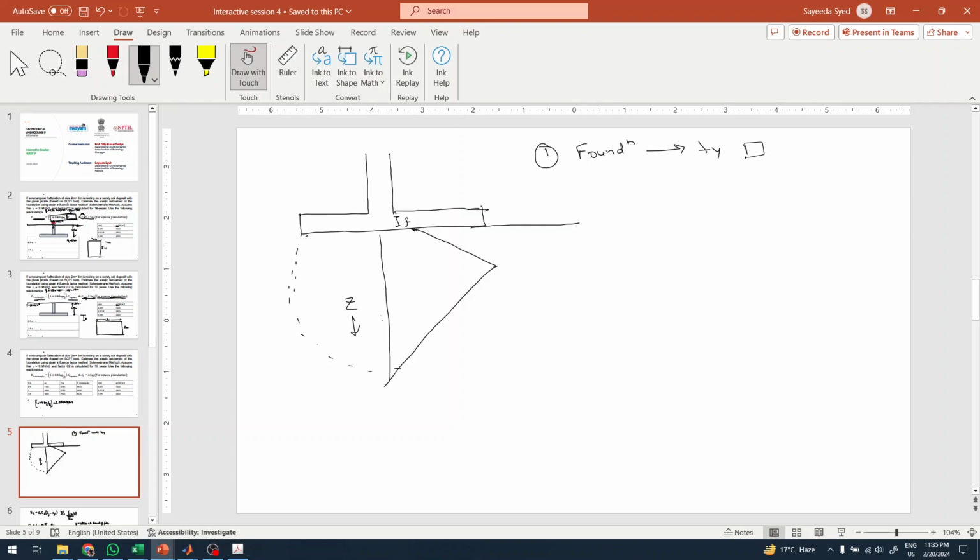Is it a square foundation? Is it a rectangular foundation? Is it a circular foundation? Secondly, we see the depth. Thirdly, we see for that foundation what the influence diagram is for this particular case.